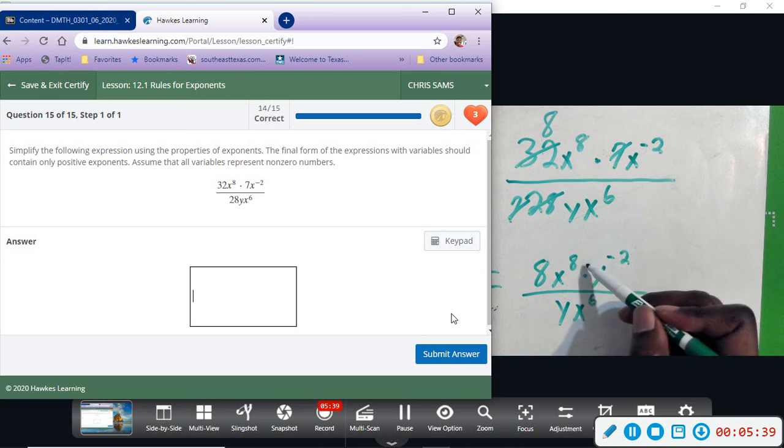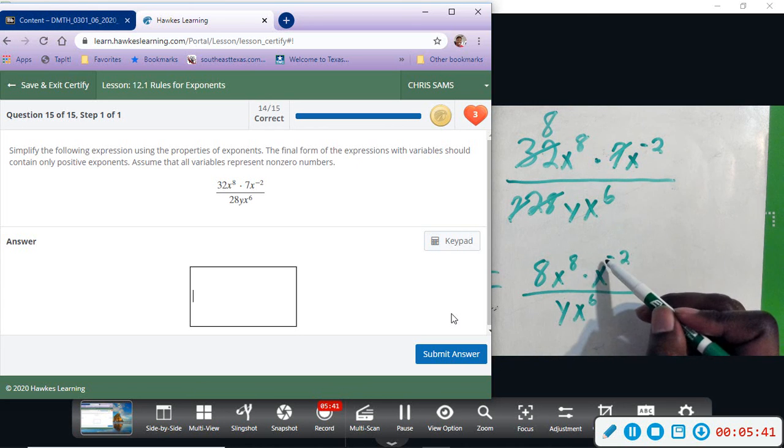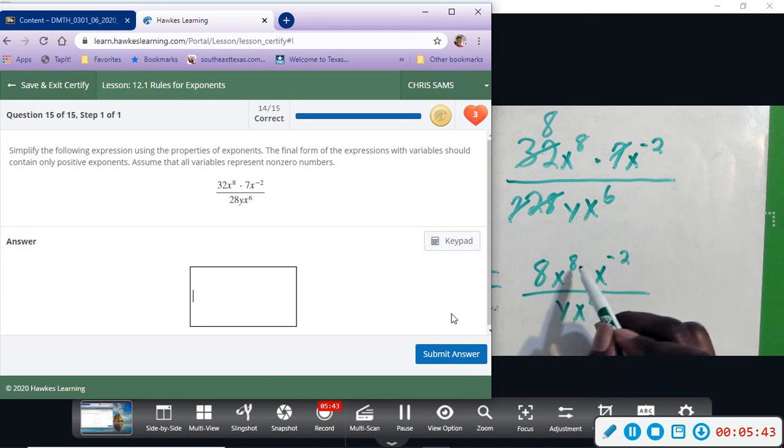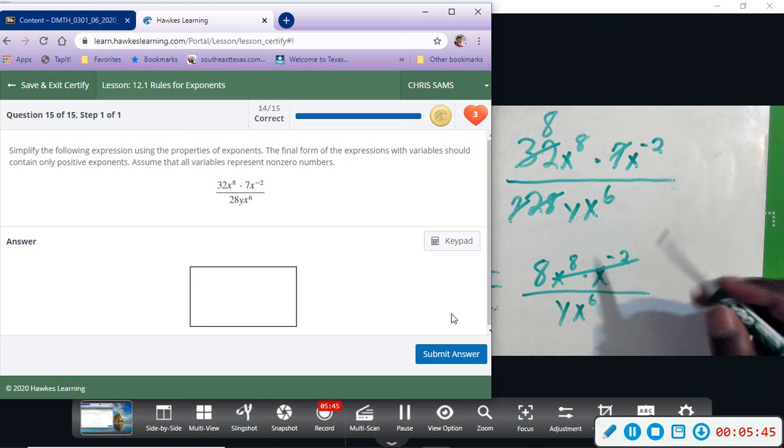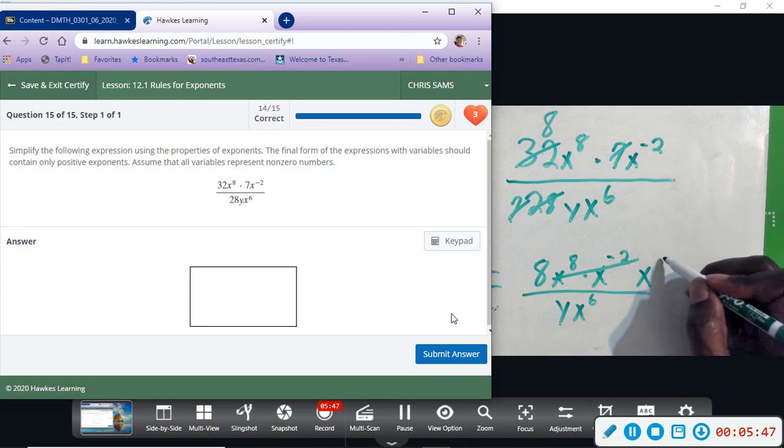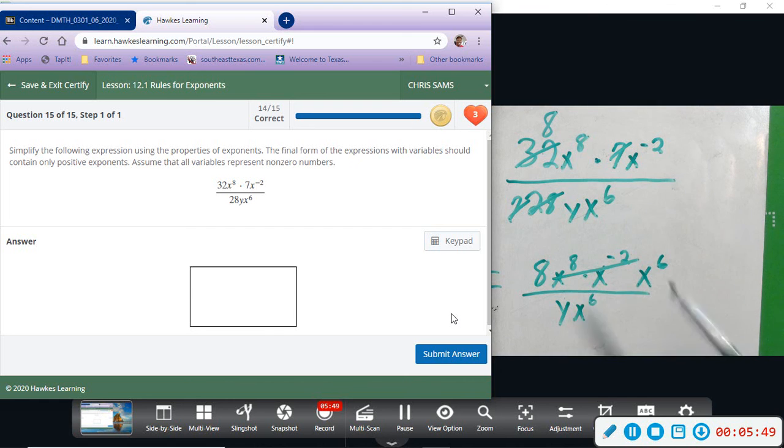I know it says add exponents, but it's negative, you would subtract. And so these combined would give you x to the 6th. And then 6 on top and 6 on bottom, those would subtract and give us x to the 0 or just 1. So these two guys would divide each other out to be 1. Just multiply times 1. So all we're left with is the 8 on top out front and the y on the bottom.